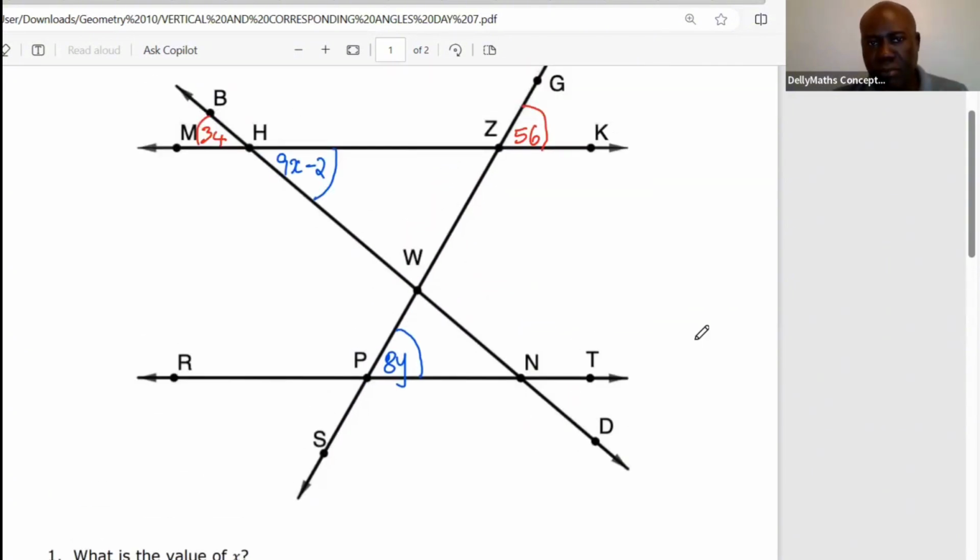So let's say we want to find the value of x. If we're asked to find the value of x, what we want to do is look for ideas with x and then try to form some relationship.